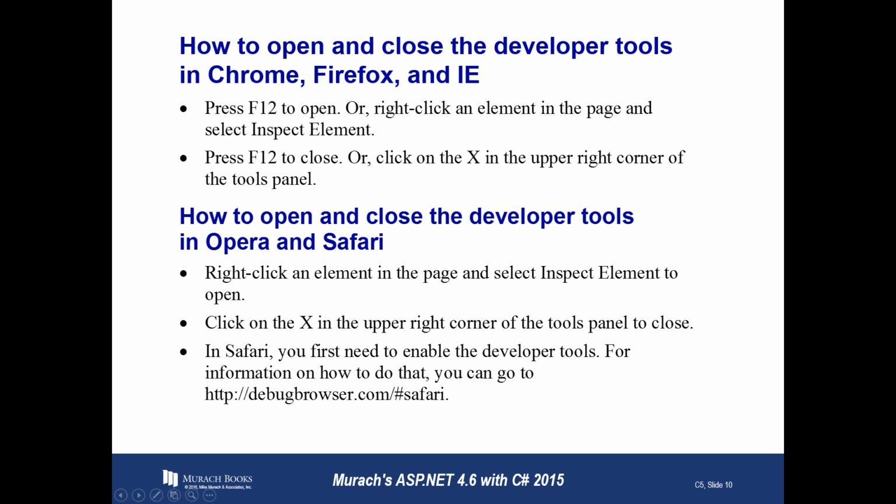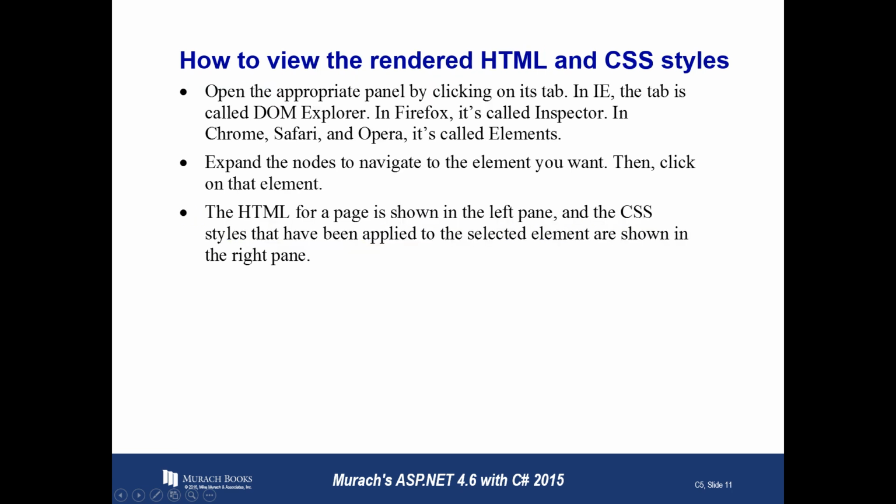Now that's how you do it in Chrome, Firefox, and IE. If you happen to be running this in Opera or in Safari, that's how you do it. I'm not going to run through those because virtually 100% of the development we'll do in this class will be one of these three. Again, I'll do the majority of mine probably in Chrome. This is also the same way that you do it in Edge. And Edge is just basically the newest version of IE.